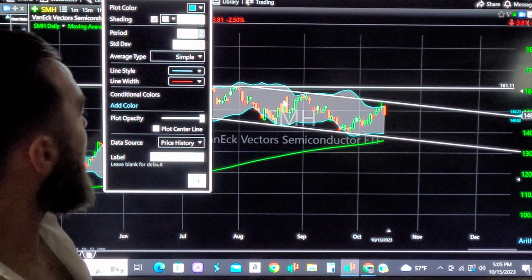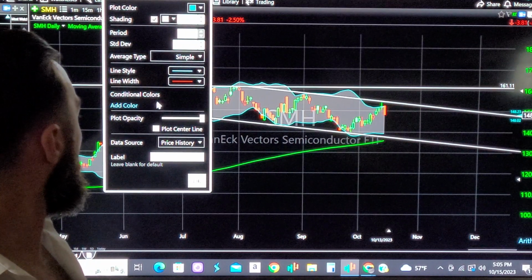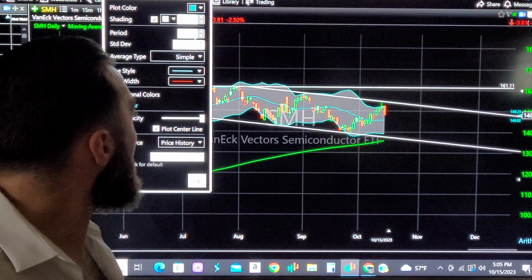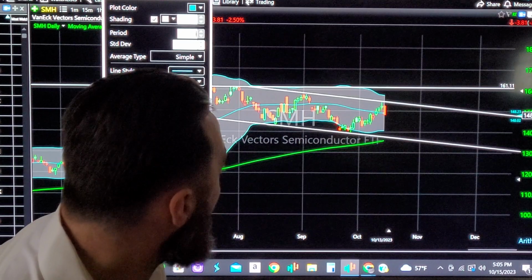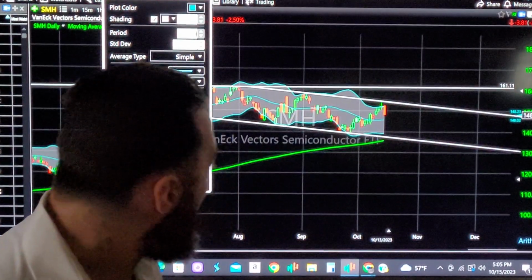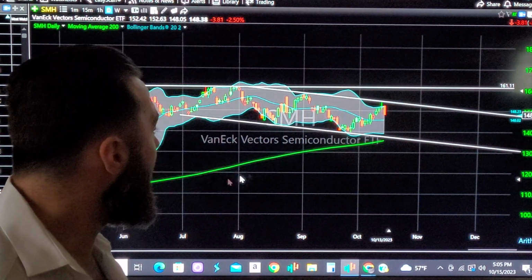So this is a channel. I want to show the middle. I know it's got a plot center line. So that is your 20-day moving average. Now if, let's say, I change that to 50, it's going to open it up more, and that will be the 50-day moving average. I don't want that. I want the standard 20. Right, you can play around with all these, change the moving averages. I don't want to do that.